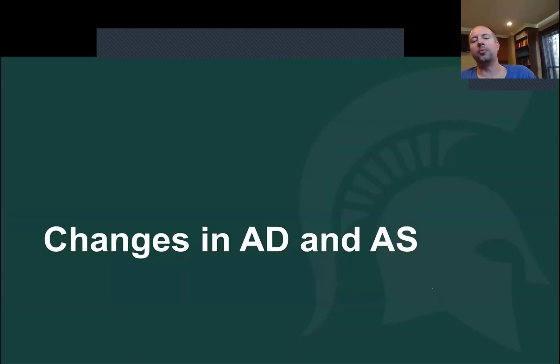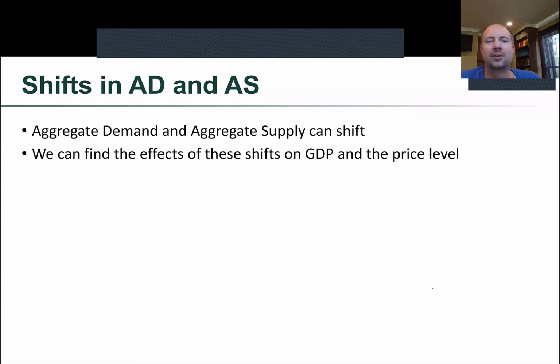So now let's think a little more about changes in aggregate demand and aggregate supply and how we can use them to think about expansions and recessions. So aggregate demand and aggregate supply can shift. We've seen that already. And we can find the effects of these shifts on GDP and the price level.